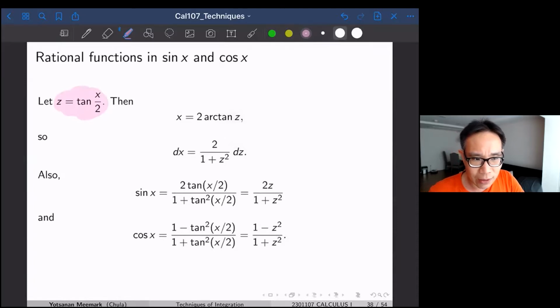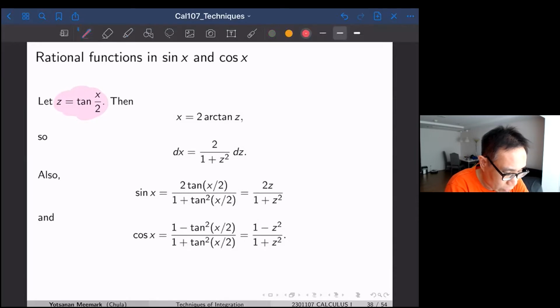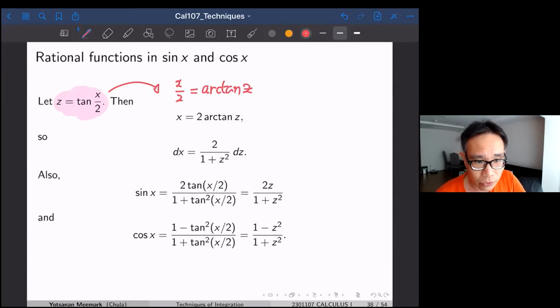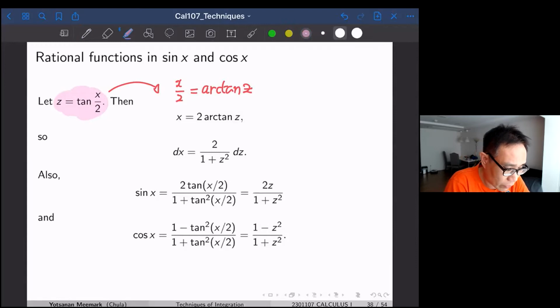So you have z equal to tan x over 2 and you're gonna solve for x. You get x over 2 equal to arctan z, and solving for x, you get x equal to 2 arctan z.